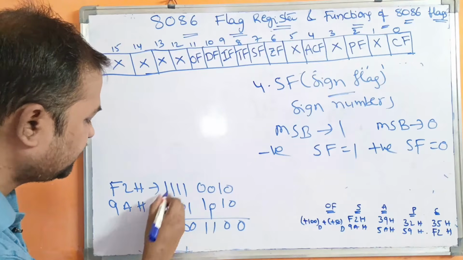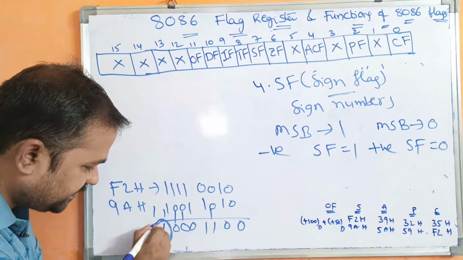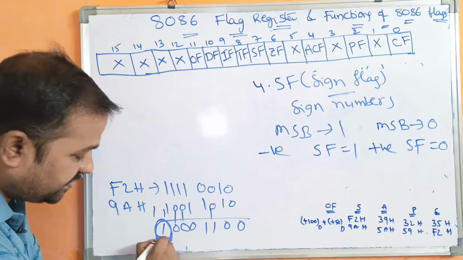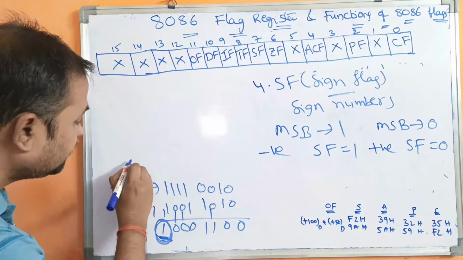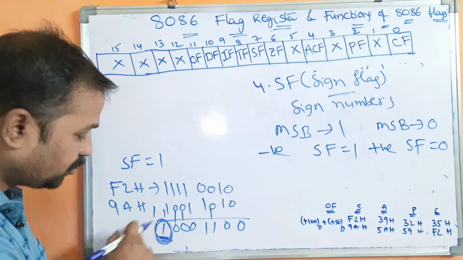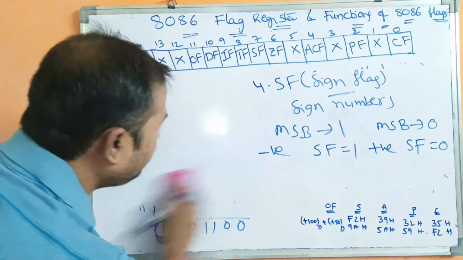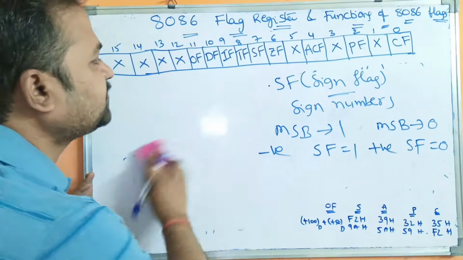So here, what is the most significant bit? The most significant bit is 1. So 1 means it is a negative number, so the sign flag is set. Suppose you get the result with MSB as 0, then we can say that the sign flag is reset. Okay.